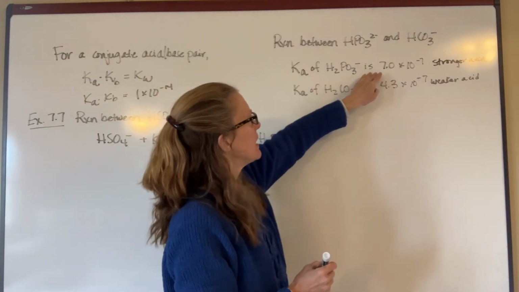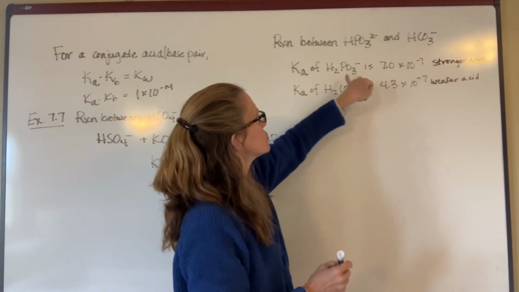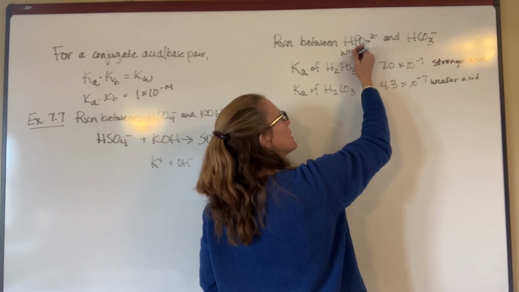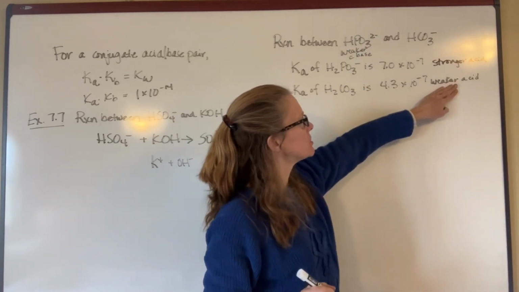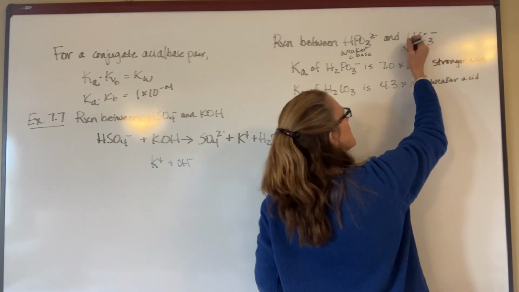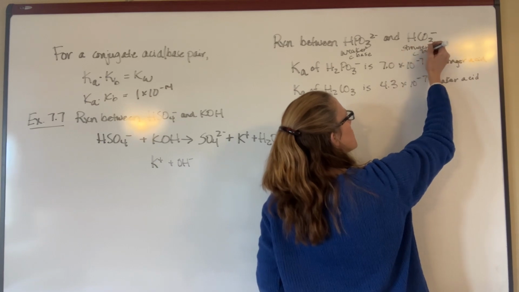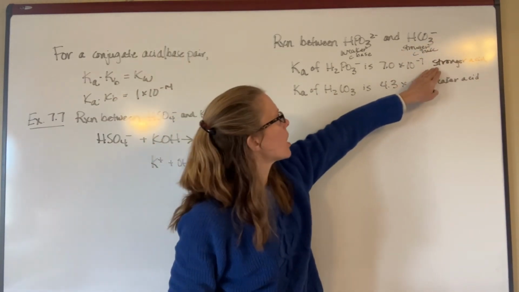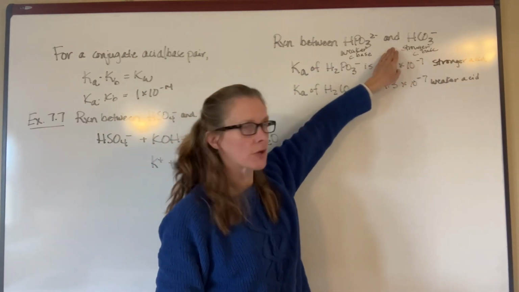So this is the stronger acid, which means this one is the weaker conjugate base. If this is the weaker acid, this one is the stronger conjugate base. Okay, you see where I got that? If this one's strong, this one's going to be weak. If this one's weaker, this is going to be stronger.